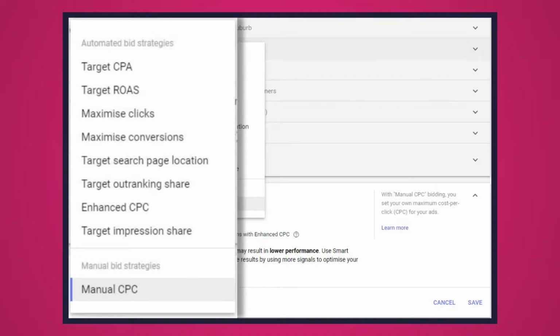Or you may be looking to get a stable profit margin, and in that case, employing the target CPA or target cost per acquisition might be your best option as well. In essence, you're telling Google that you are willing to pay X amount for a lead/conversion, and Google works out the rest.